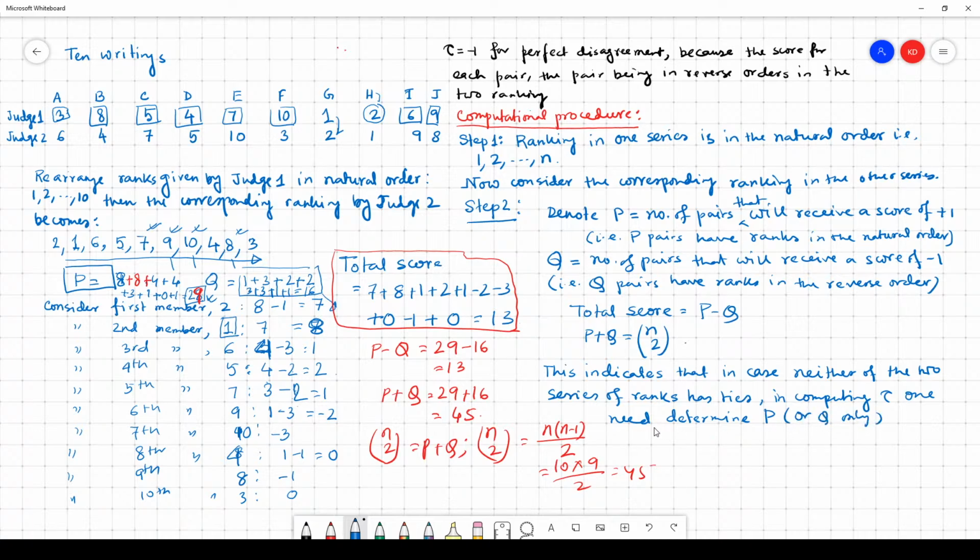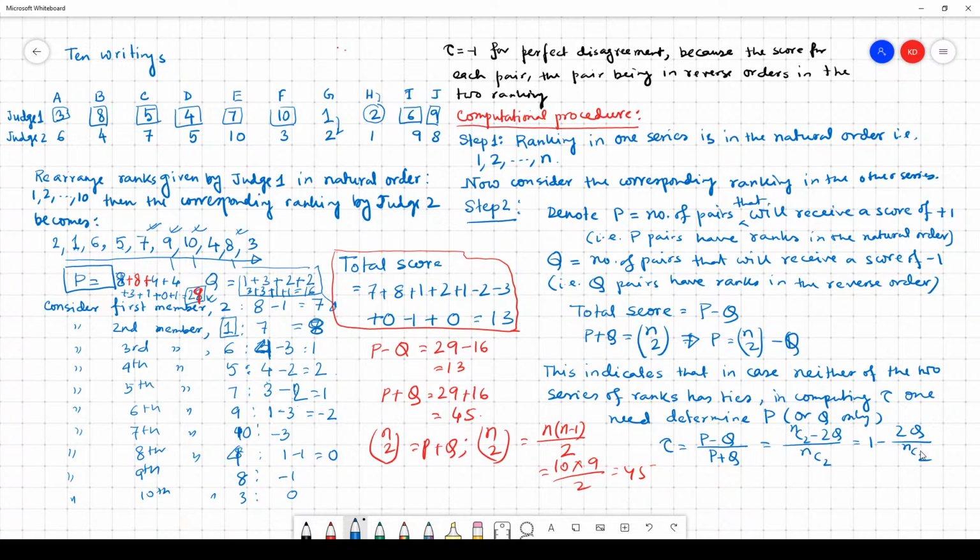Why? If you look at the formula, tau equal to P minus Q by P plus Q, where P plus Q equal to just NC2. Since P plus Q equal to NC2, P should be NC2 minus Q. So this is equal to NC2 minus 2Q, hence 1 minus 2Q by NC2.